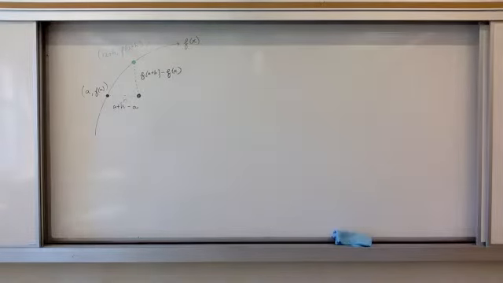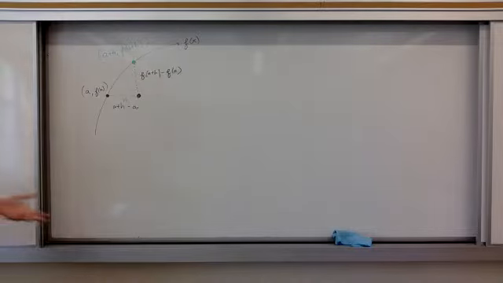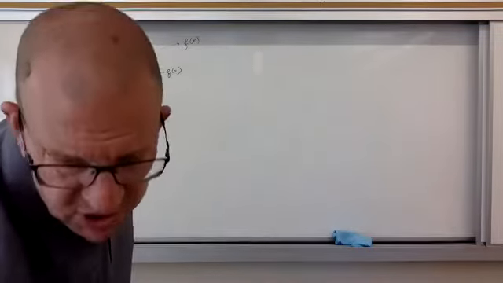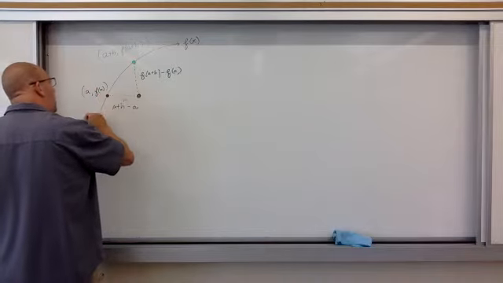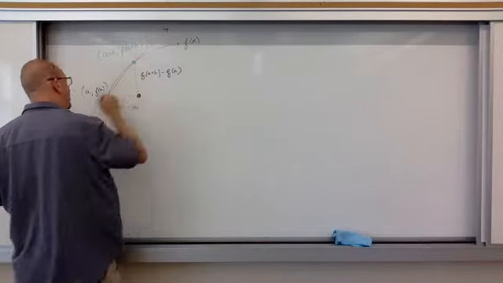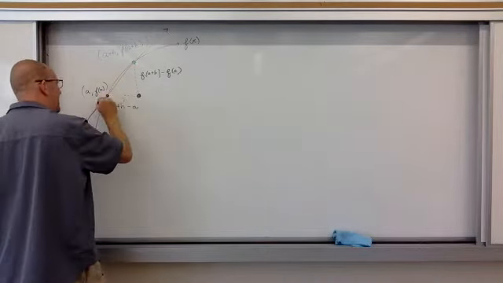Now, let's find the slope of the secant line that connects a plus h and a. What am I talking about? I'm talking about this line here. You guys see that red line?